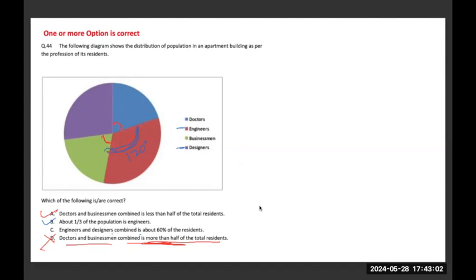If doctors and businessmen combined are less than half of the residents, obviously this is more, this will be around 60%. It is because of course it's more than 50, and this itself constitutes 1/3 of it, and plus this is also more than 90 degrees. So this has to be roughly around 60. So that's why C is correct. So A, B, and C all are correct.